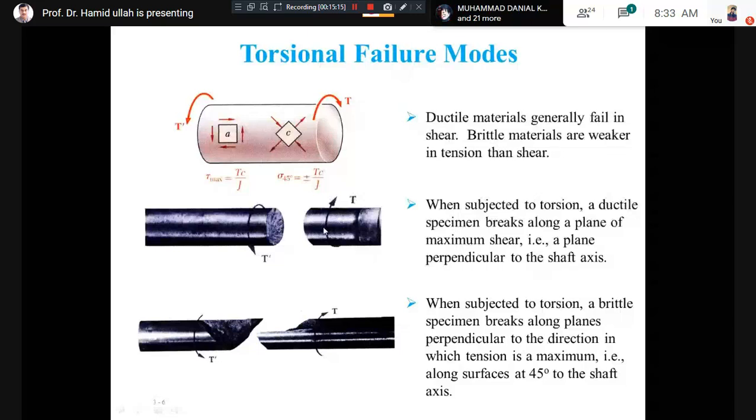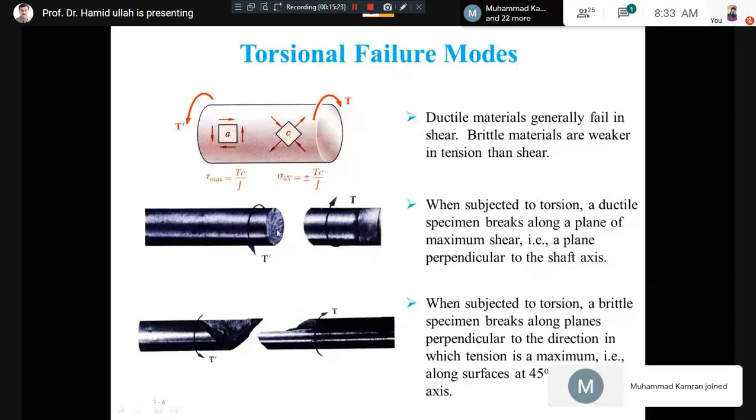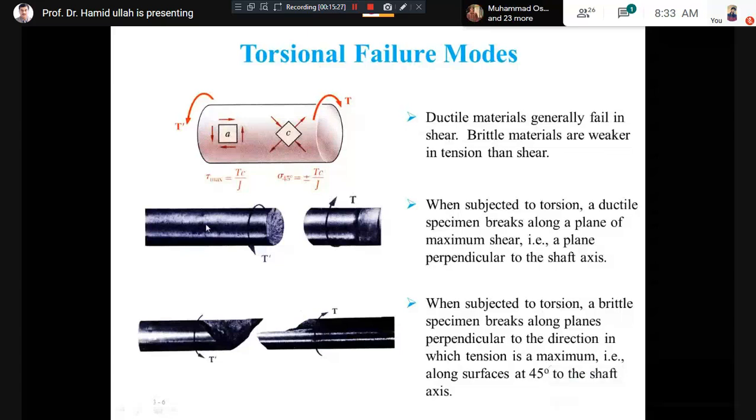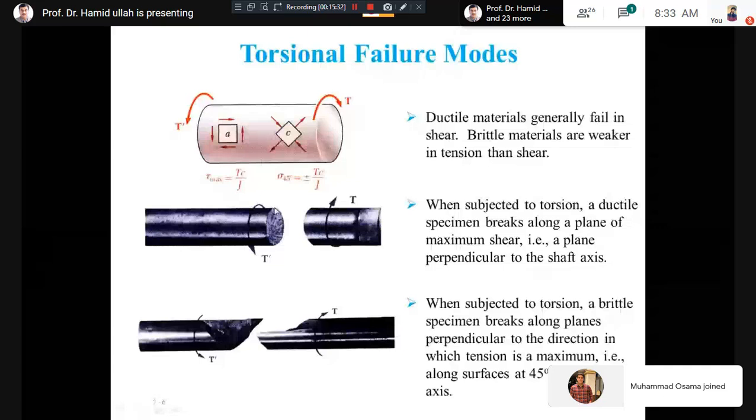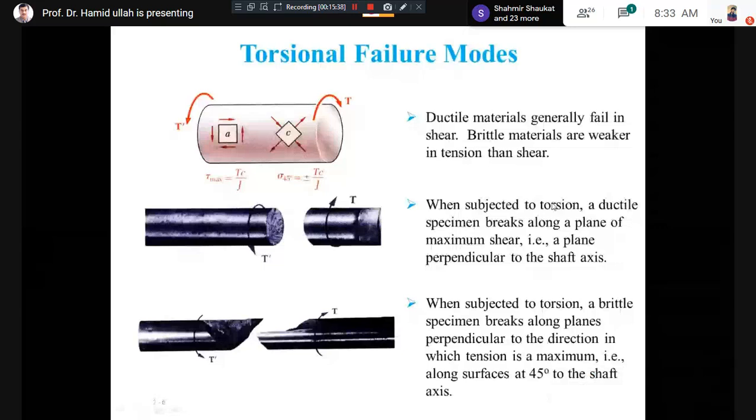You can see the surface of the material is perpendicular to the axis of the shaft. If you draw the axis of the shaft, you can see this surface is perpendicular. So you can say when subjected to torsional load, a ductile material will break along a plane of maximum shear.